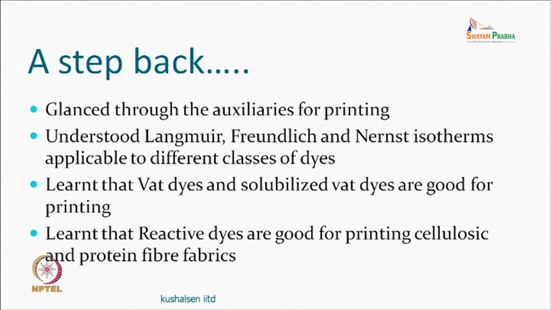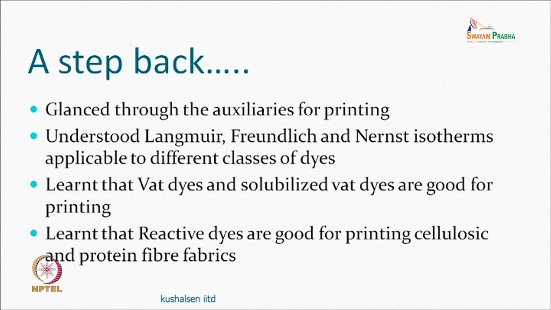We also understood various isotherms which are applicable to different classes of dyes like Langmuir, Freundlich and Nernst, and also learned that vat dyes and solubilized vat dyes are good for printing, and actually solubilized vat dyes can print protein fibers as well, and also learned that reactive dyes are good not only for cellulosics but also protein fibers.